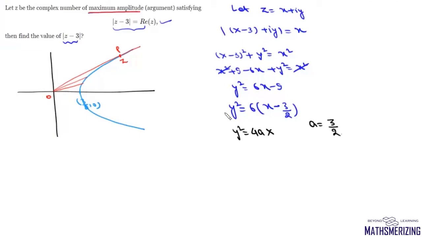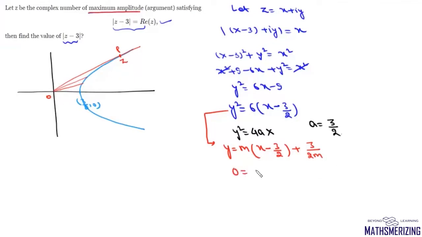So we'll need to find coordinates of this point P. So once we have the equation of this parabola, we can write the equation of tangent as y equals m, and in place of x, we can write (x minus 3 by 2) plus a by m. Now a in this case is 3 by 2, so it will be 3 by 2m. We need that tangent which passes through origin. So we'll put x and y as 0.